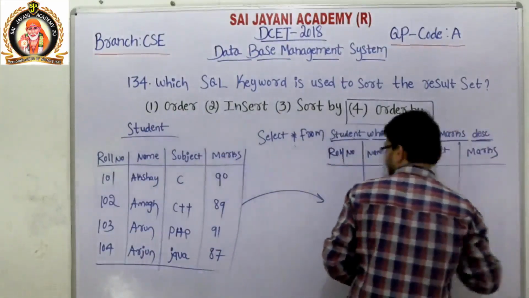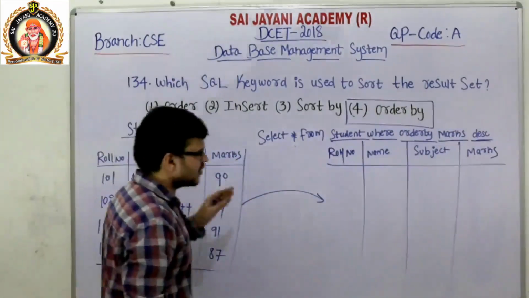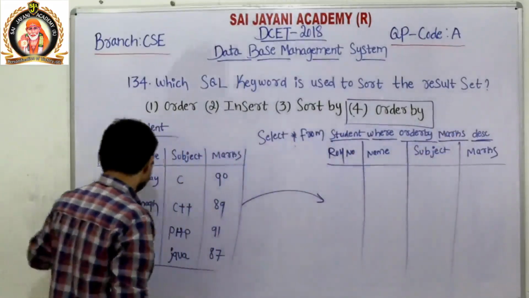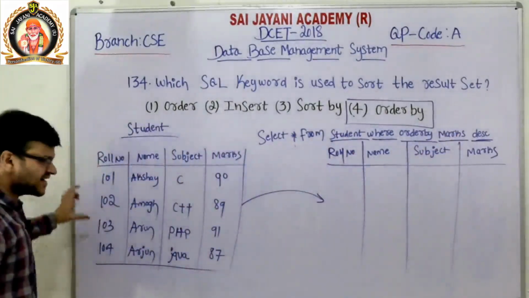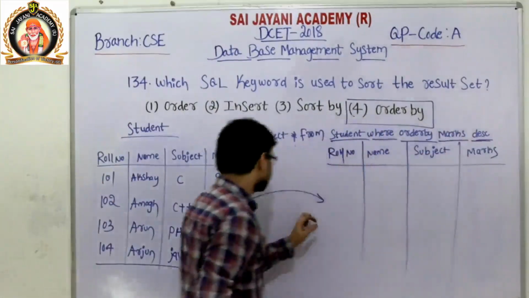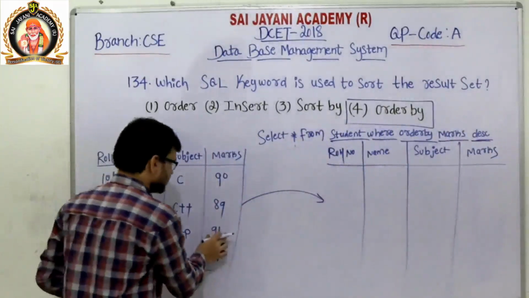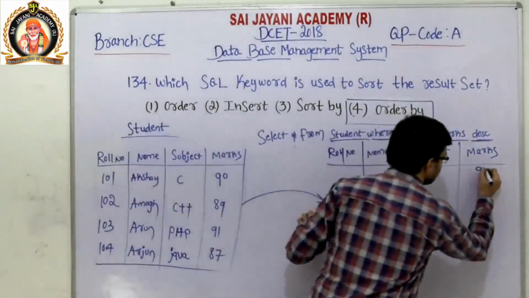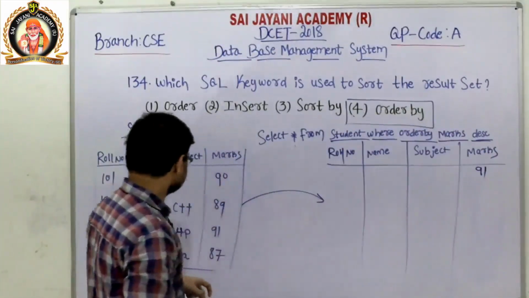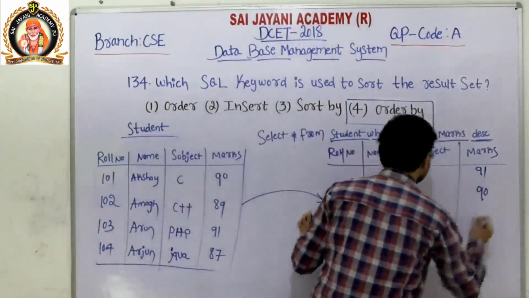Here the rows, or tuples, are arranged according to the descending order of the marks. That means the highest marks is 91, so it will come first. Then the second one is 90, which comes second.